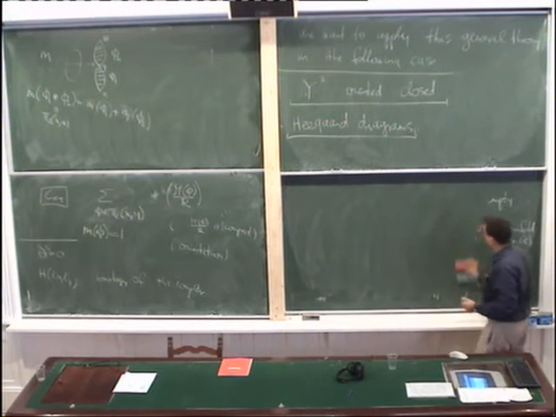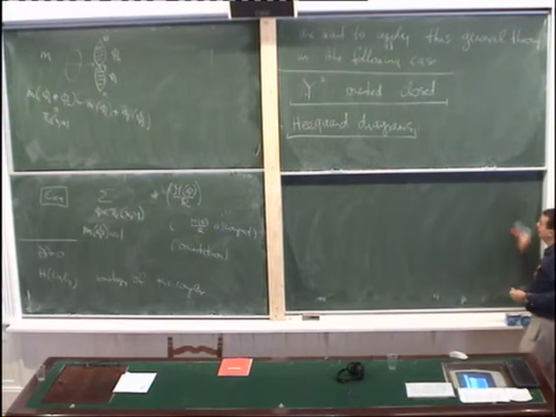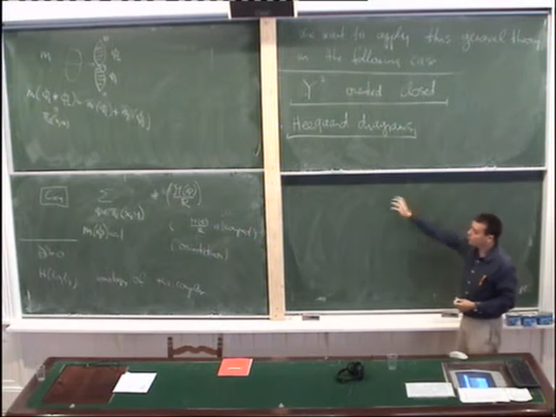So that will be the topological input that we need, and then eventually we can run this symplectic geometrical argument.